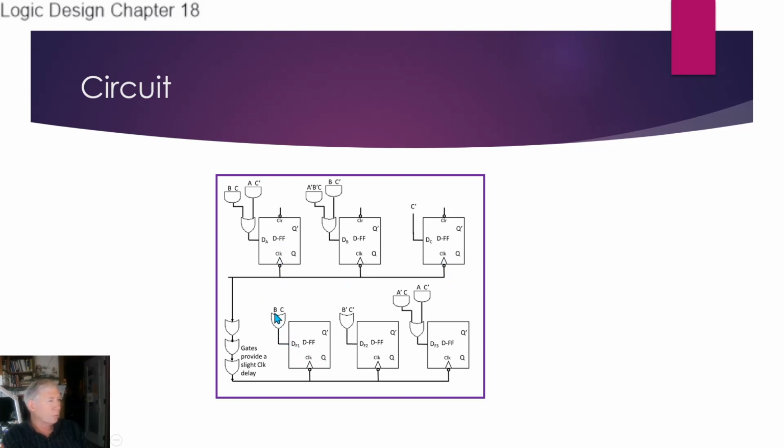So for F1, we just needed B plus C ORed together here with this OR gate, B prime ORed with C prime here, and then we needed two AND gates, A prime C ORed with A C prime. And we use these to drive these three inputs. This assumes here that we're going to have three additional flip-flops, so a total of 6, 3 to hold the present state, and 3 to hold the desired output count sequence.